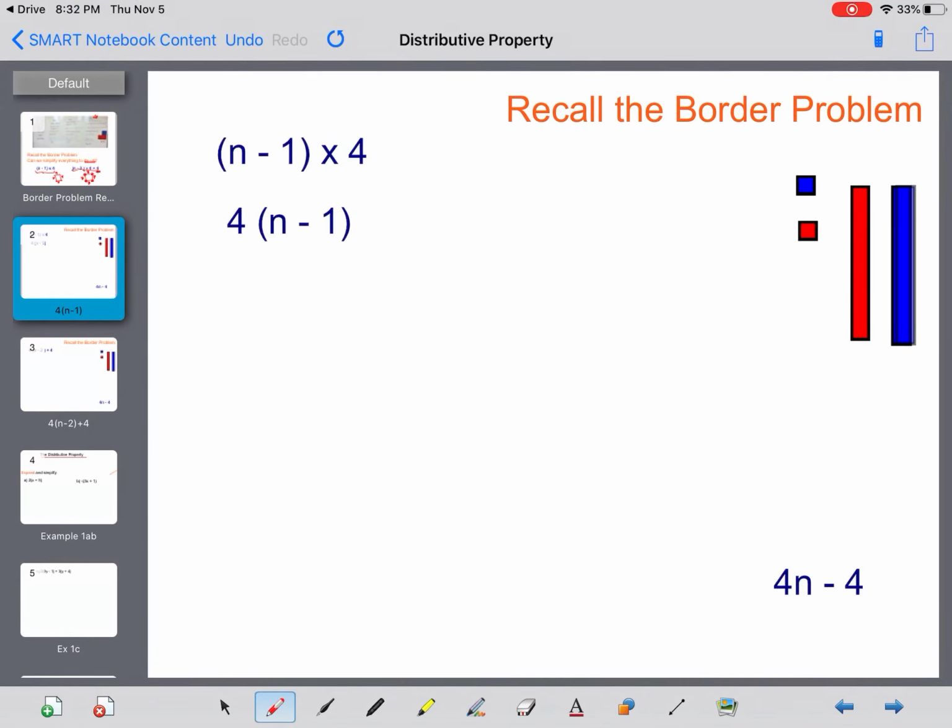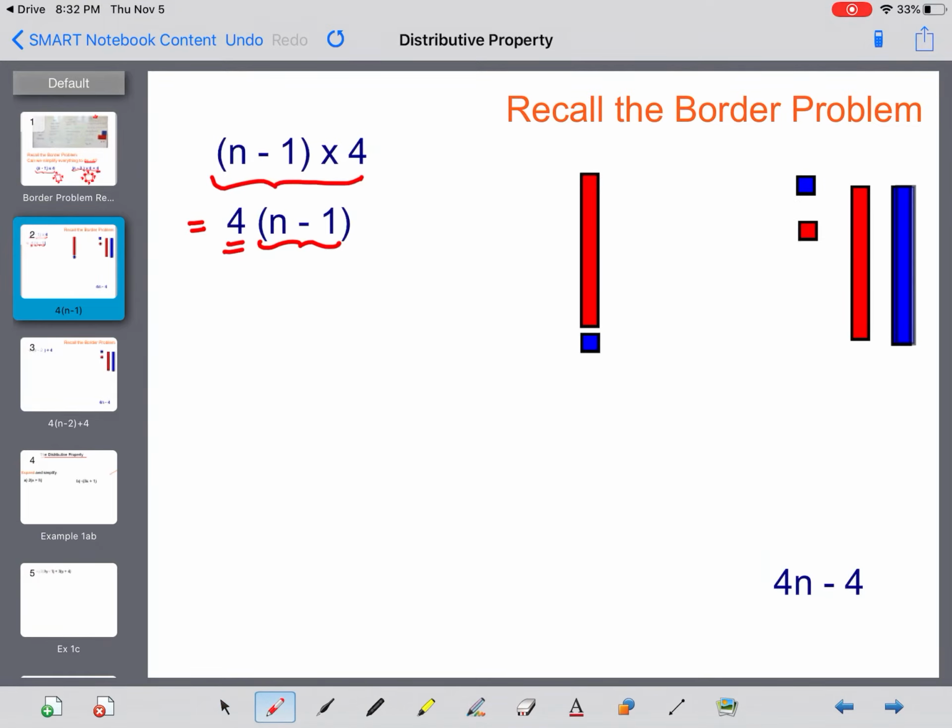So the first thing to note is that this one here, the n minus 1 times 4, is equivalent to writing it like this, 4 times n minus 1, because it doesn't matter what way we write multiplication. And something to think about is that we are taking this n minus 1 and basically making 4 copies of it. If you like to use algebra tiles, you might think of this as your n and this is your minus 1.